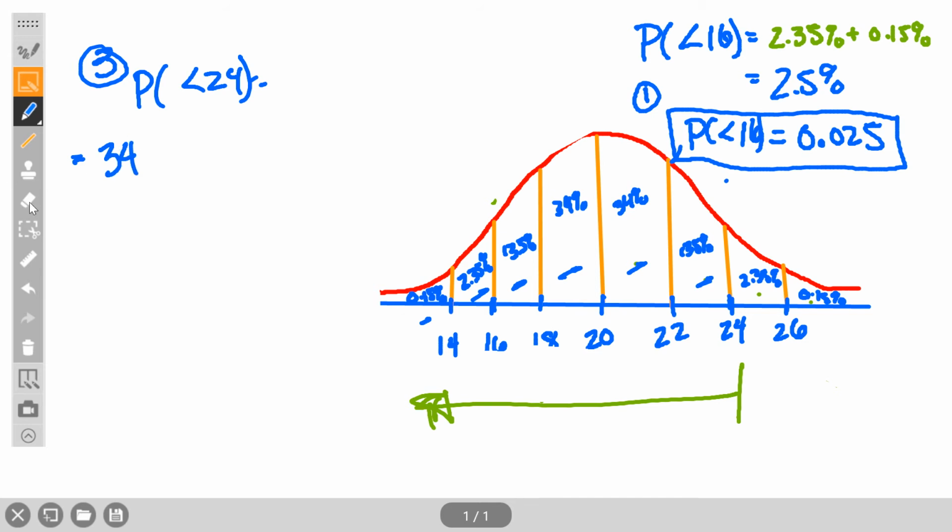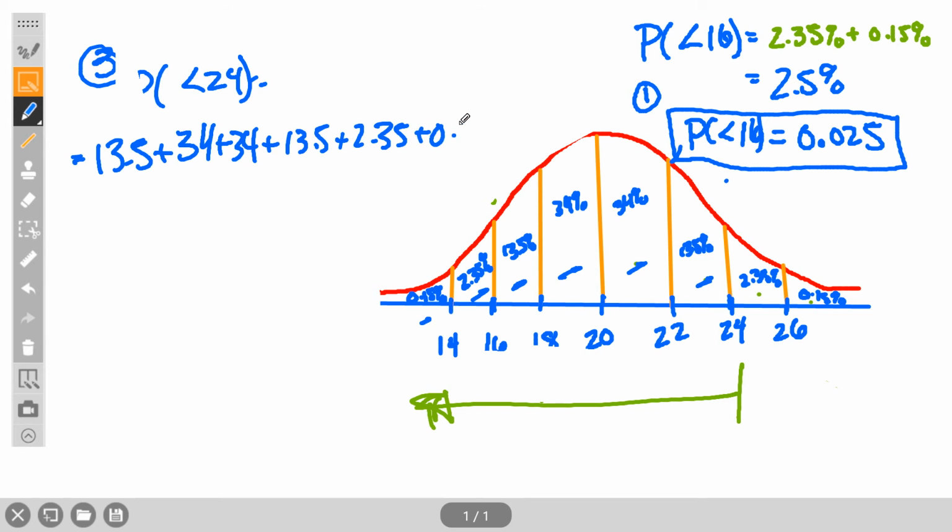So we have 13.5 plus 34 plus 34 plus 13.5 plus 2.35 plus 0.15.